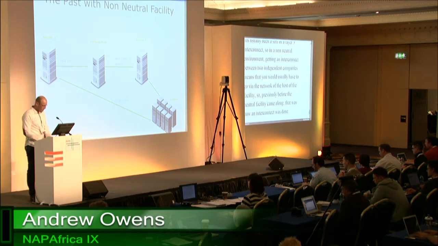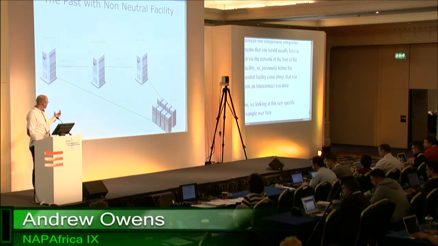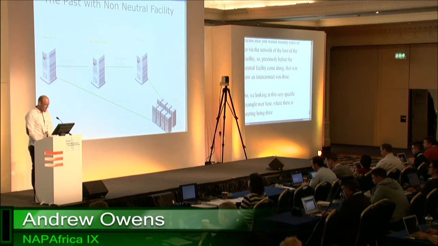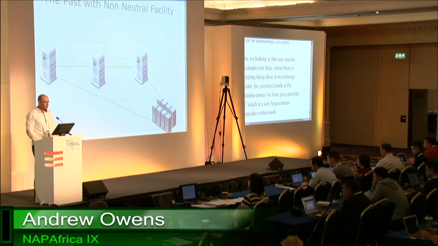So we're looking at this very specific example over here, where there is peering being done at an exchange point. If you look at the bottom corner, we've got a provider C, which is a very large content provider within South Africa. But they buy upstream from two different ISPs.